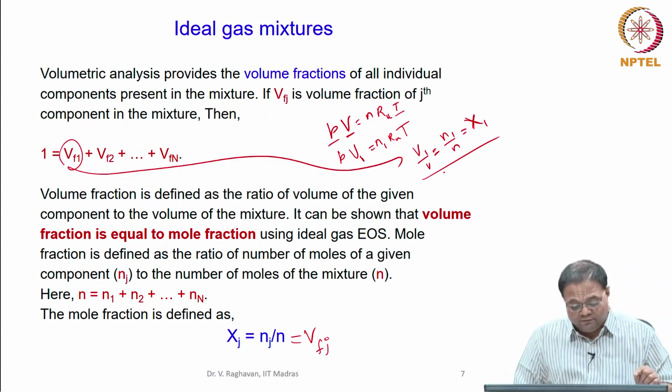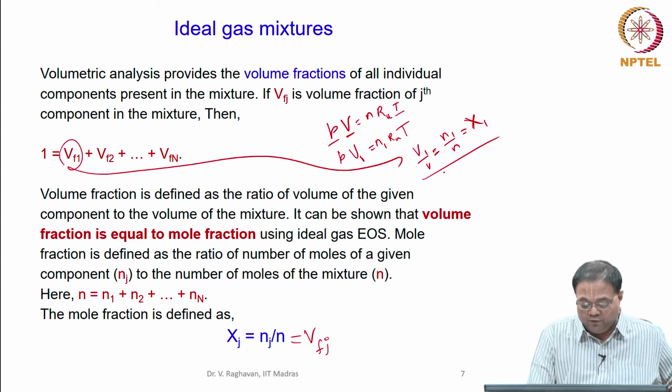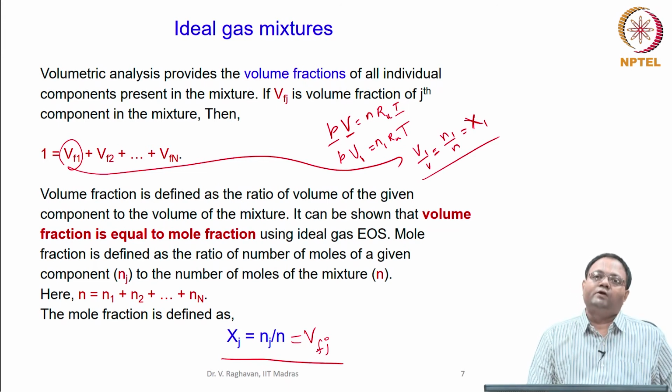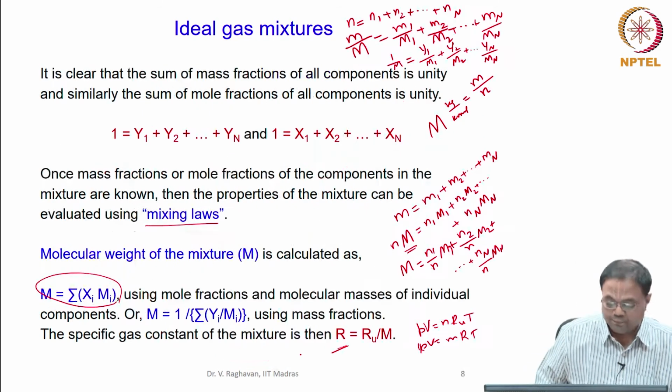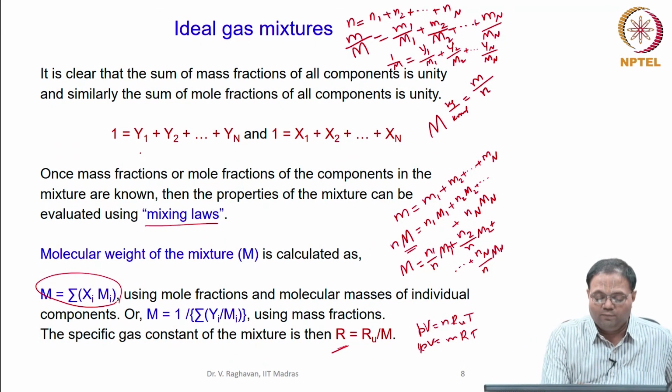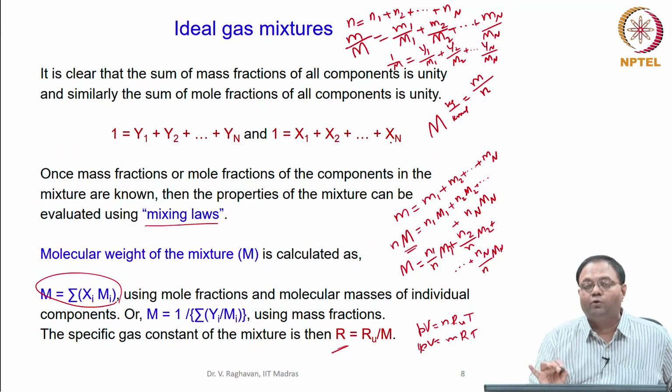In that case you can write the mole fraction as Nj by N, that is, the mole fraction of the jth component is nothing but the number of moles of the jth component divided by the total number of moles, which is nothing but the volume fraction which we measured in volumetric analysis. Now, the important identities are sigma yi equal to 1, sigma xi equal to 1.